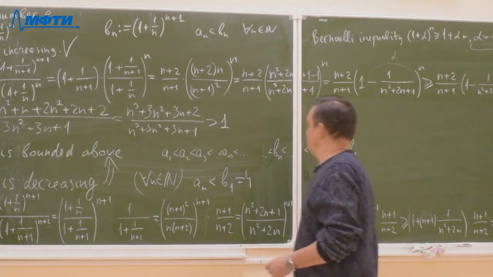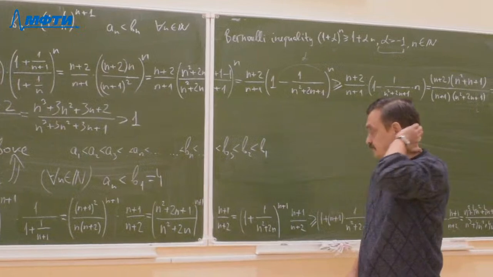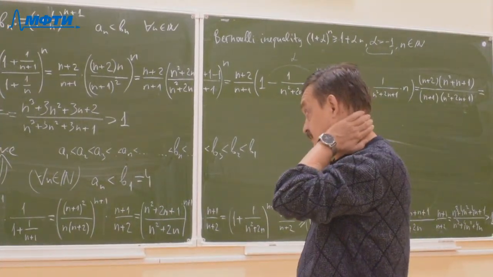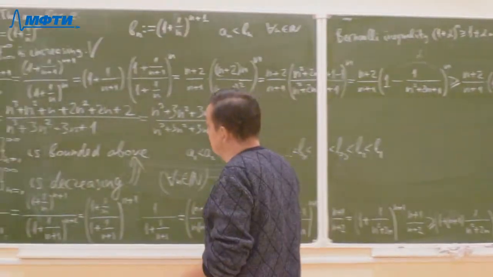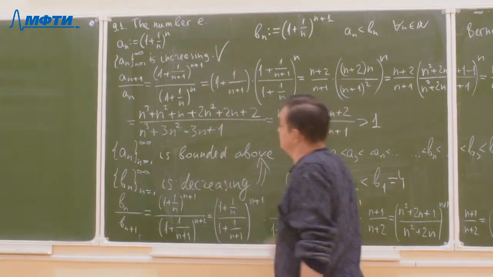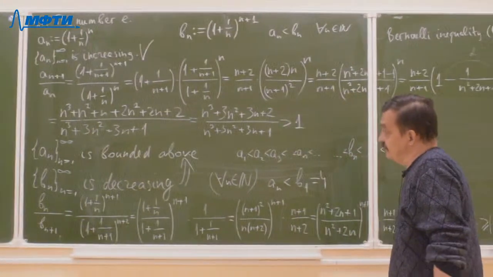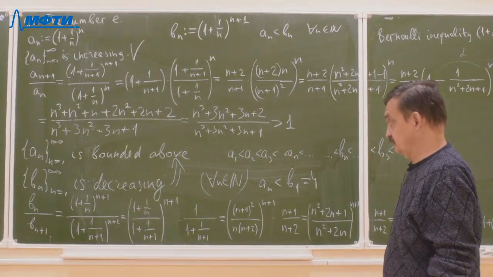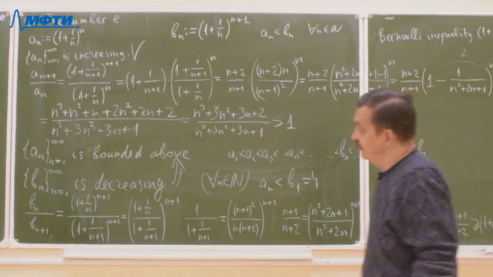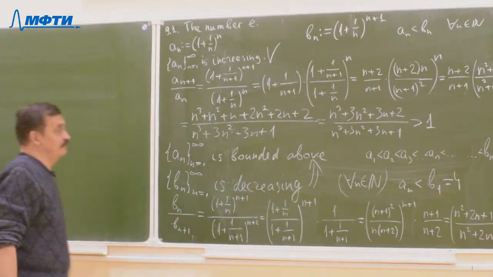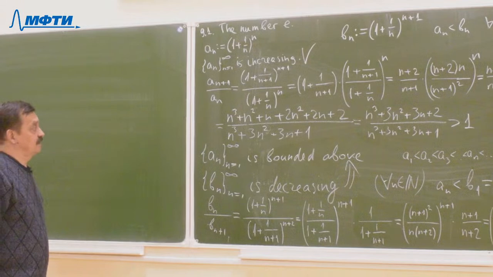This is 4, right? B1 equals 4. So we have now both suppositions of the theorem about monotone convergence, the Weierstrass monotone convergence theorem for sequences.